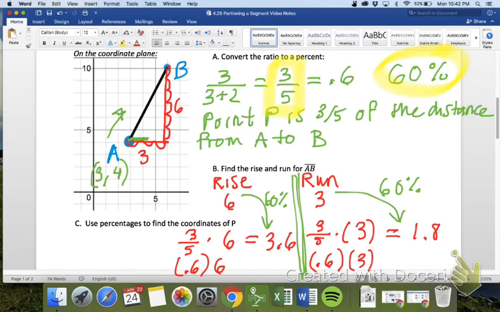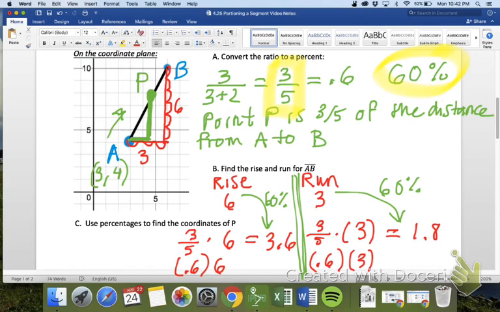So maybe I'm just estimating graphically for you guys. Maybe that's like about 1.8 over. And then I need to rise 3.6. So graphically, that looks something like this, right? And I get this new point P, where I've now got my ratio of 3 to 2, or point P is 60% of the way.